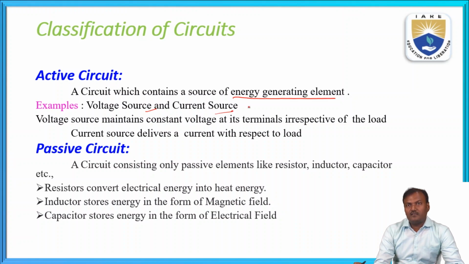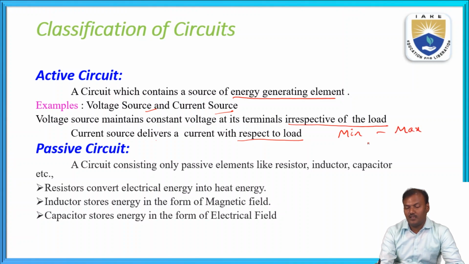Voltage source maintains constant voltage at its terminals irrespective of the load, a constant voltage. Next one is a current source, which delivers a current with respect to load. That is, as per the load requirement, the current may be from a minimum to a maximum value.